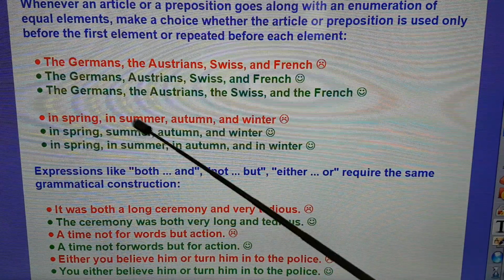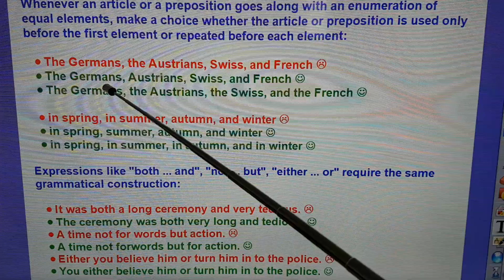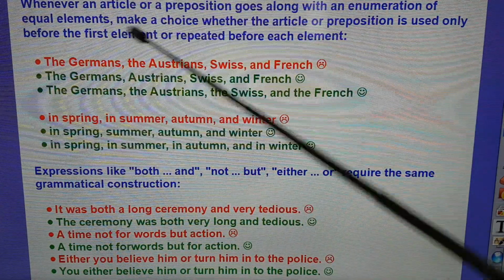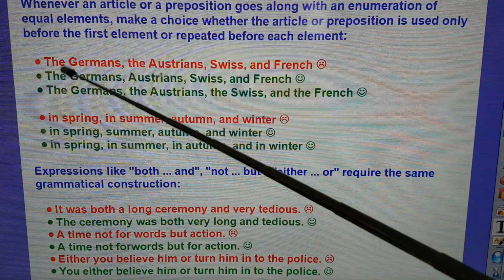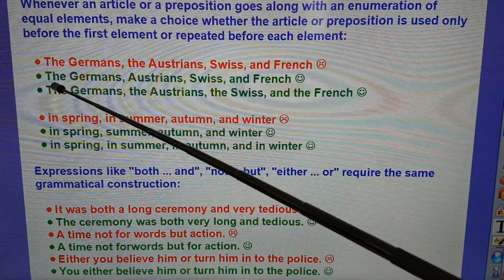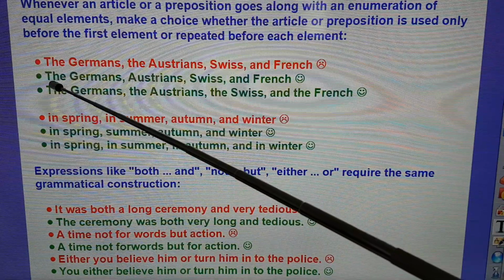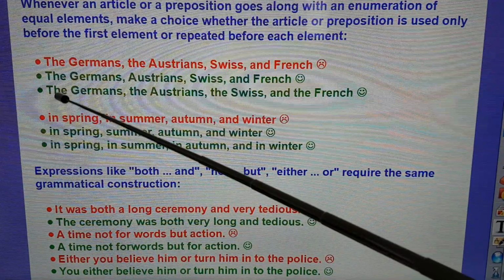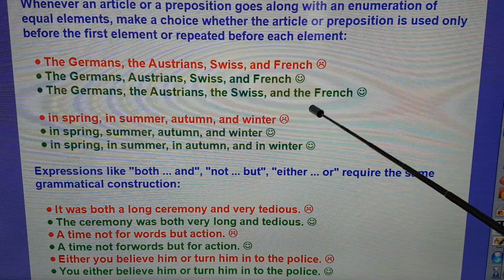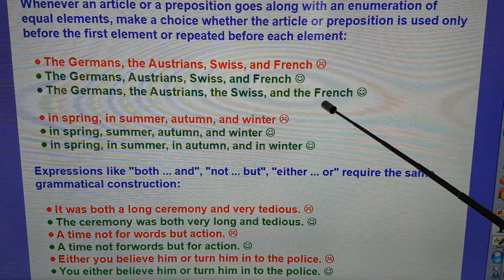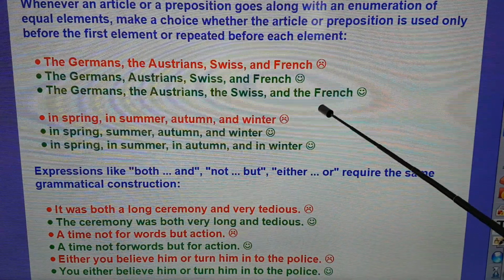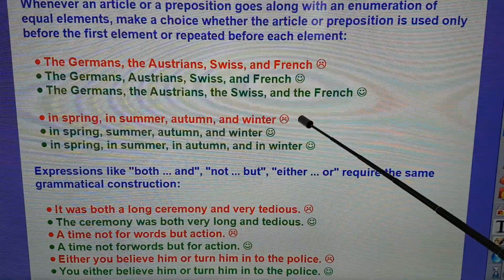So, when you have an enumeration of, let's say, such elements, and there is the definite article going along with it, then you have two ways of making this enumeration correct and good style.